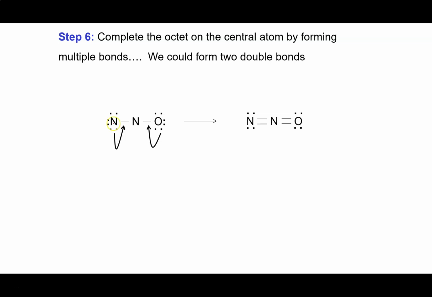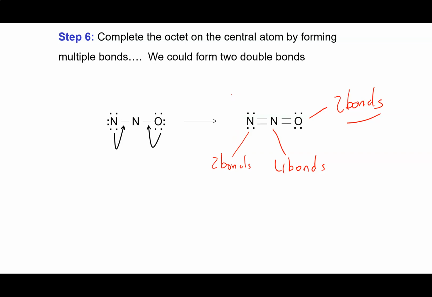One way of doing it would be to bring in, just like we did with carbon dioxide, 1 from each side, and to have this nice symmetric structure. But you can see here that the nitrogen on the end has 2 bonds, the nitrogen in the middle has 4 bonds, and only the oxygen on the end gets what it wants with 2 bonds.